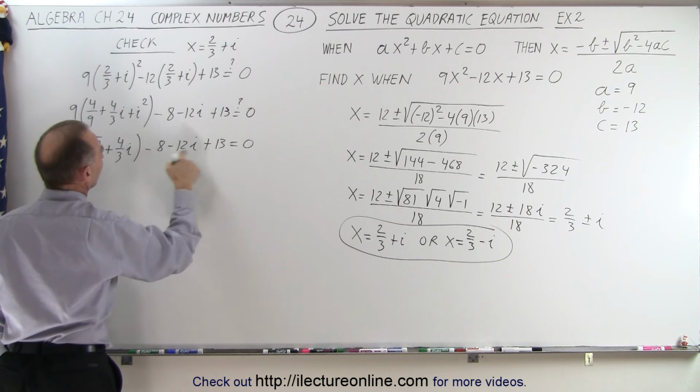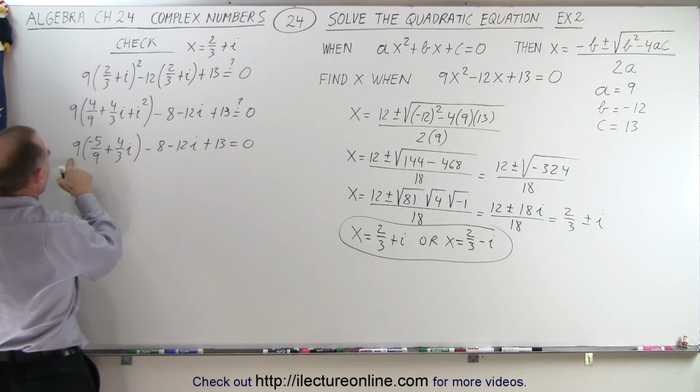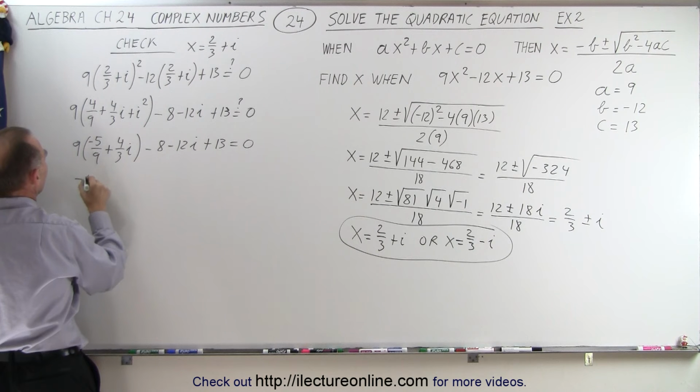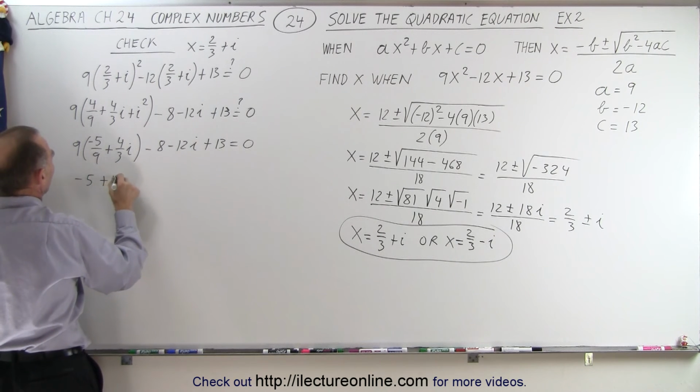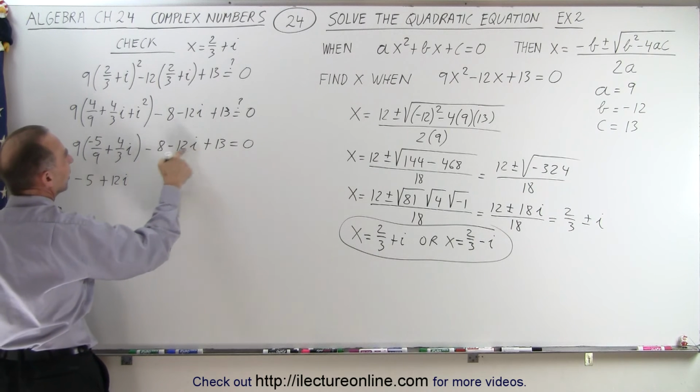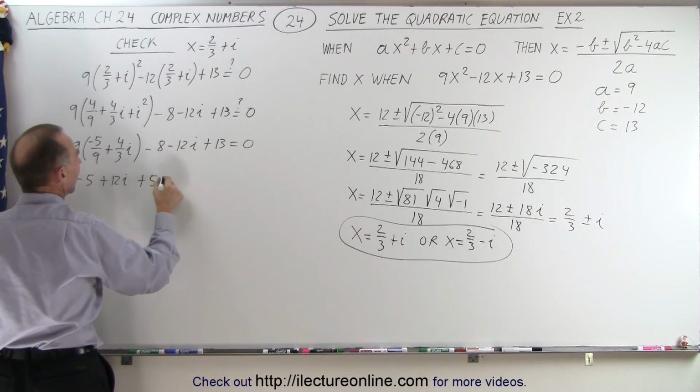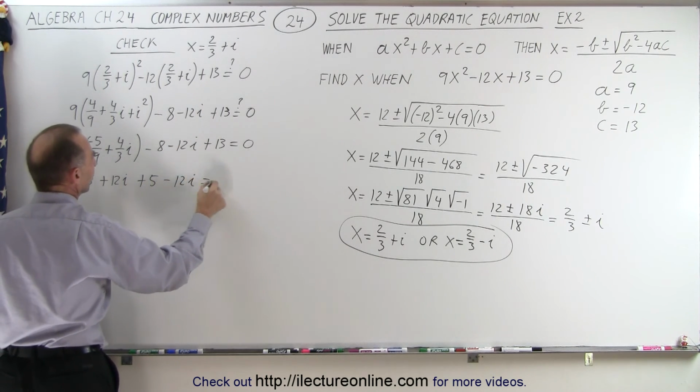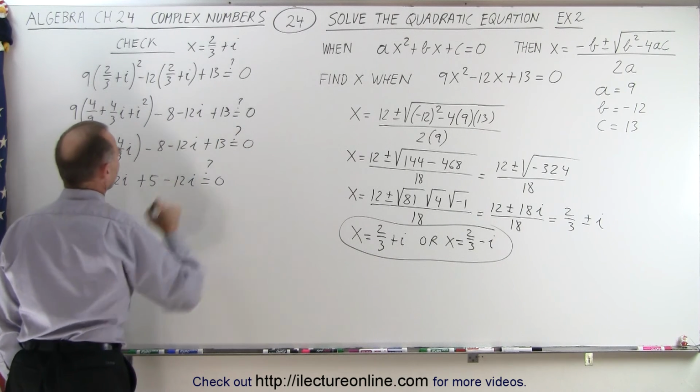I can combine these two already. That gives me plus 5. And here when I multiply, 3 goes into 9 3 times. That would be plus 12i. Minus 8 plus 13, which is plus 5, minus 12i equals 0?